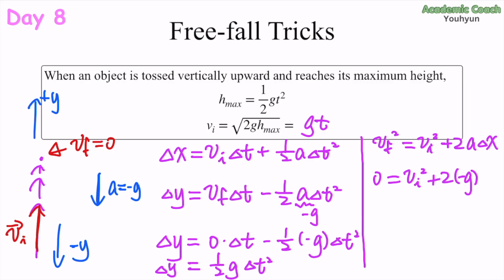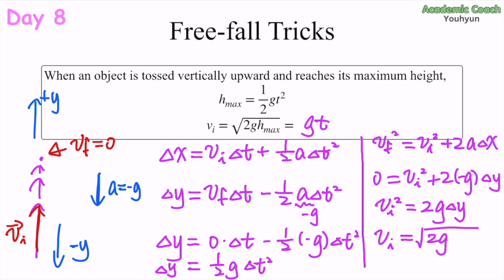I'm going to replace delta x with delta y. Then we get v initial squared is equal to 2 g delta y. Delta y is this displacement that points upward, so we can replace delta y with h max. If I take the square root on both sides, then I get v initial is equal to the square root of 2 g delta y, or the square root of 2 g h max.